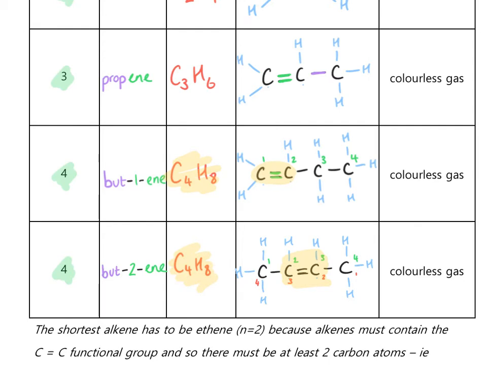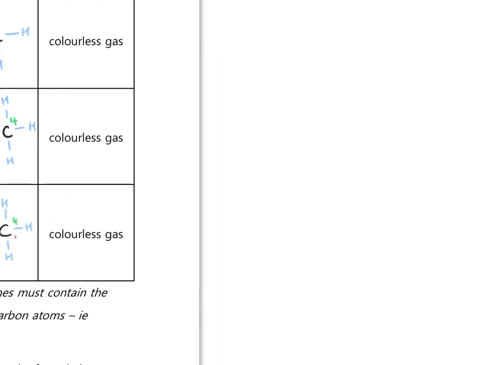Now, you might be thinking that there is a third possibility. Why don't we put the double bond between carbon 3 and carbon 4? Well, let's draw that really quickly and show you why that doesn't actually work. If we draw 4 carbons in the chain, first of all, a third option could be to put the double bond between carbon 3 and carbon 4.